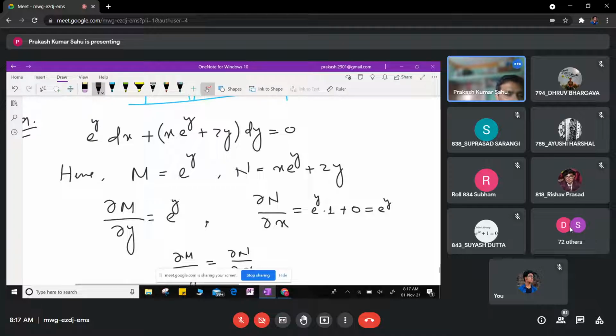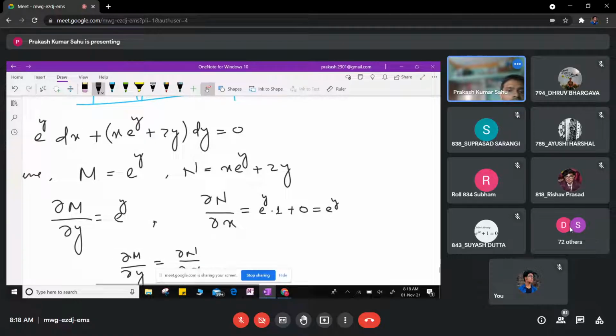Yes or no? Yes, sir, this is also a non-homogeneous equation. But this non-homogeneous equation you cannot solve by the previous method.